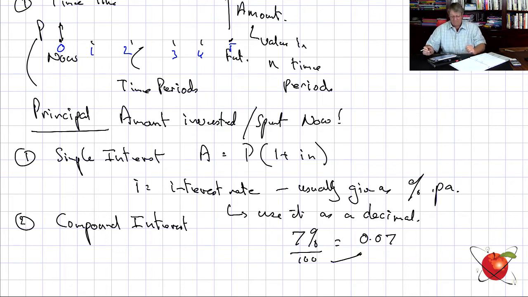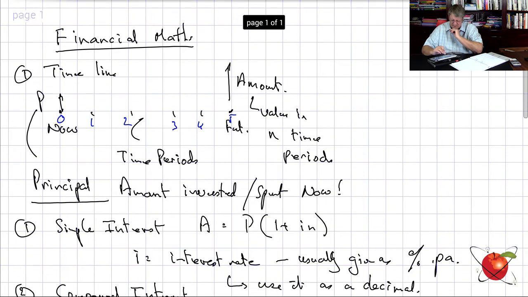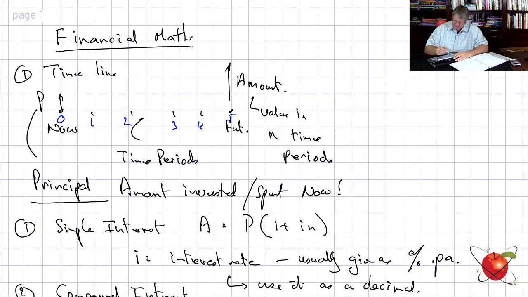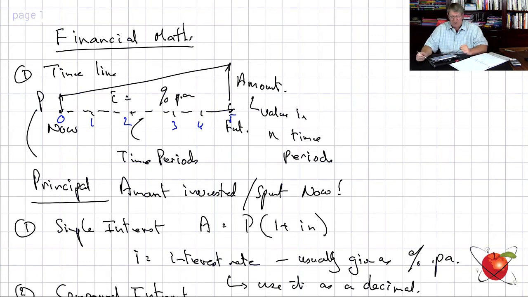So, when we start this process, I like to start by drawing a diagram. I put down what I have been given over the period of time, and I normally put my i in here, so many percent per annum. I put everything on my little diagram because that works well for me.